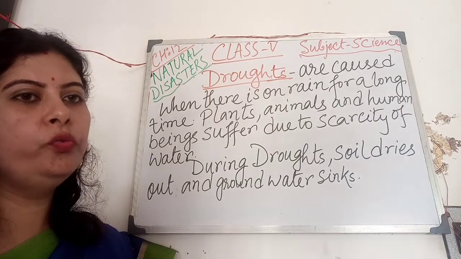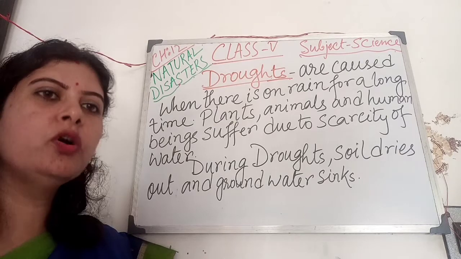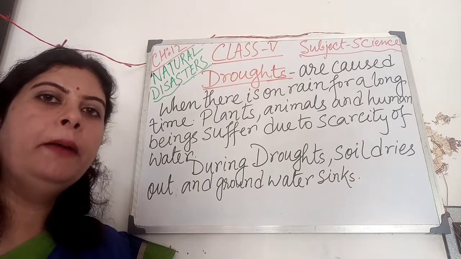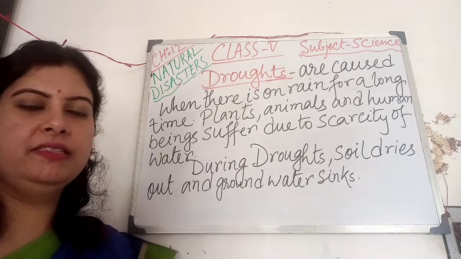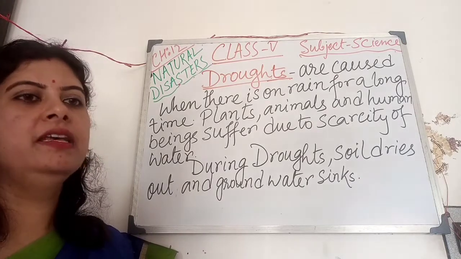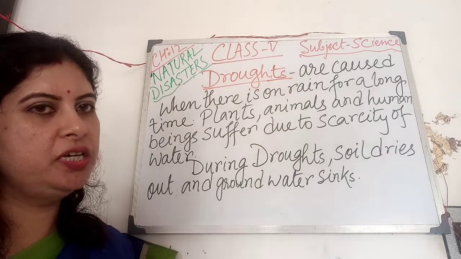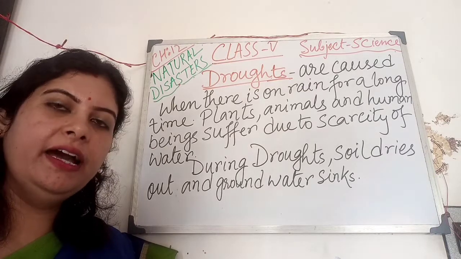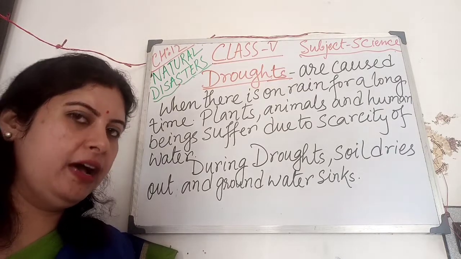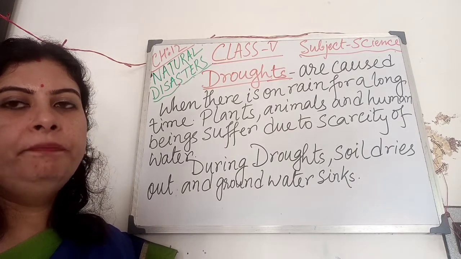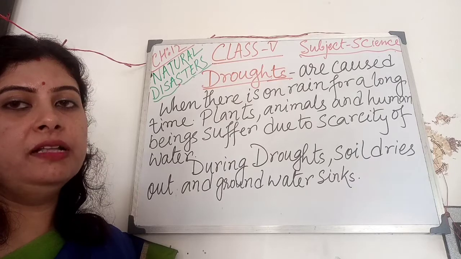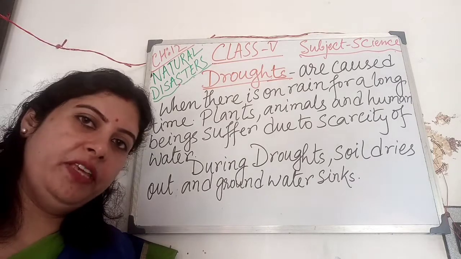The monsoon winds lose most of their moisture by the time they reach these places. So these places do not get sufficient rain. In India, drought-prone areas are Rajasthan and Gujarat. People and animals die of starvation.